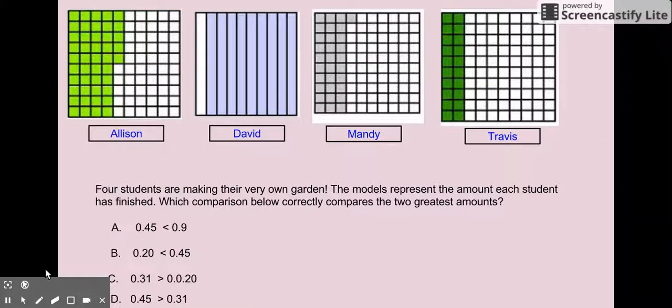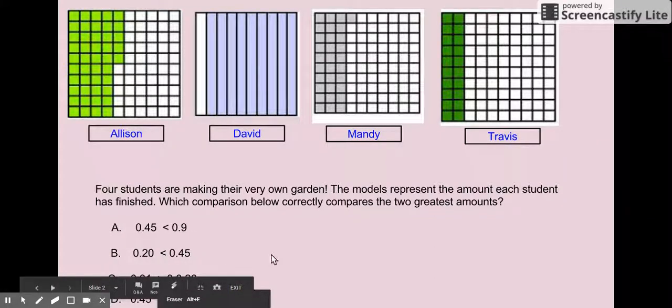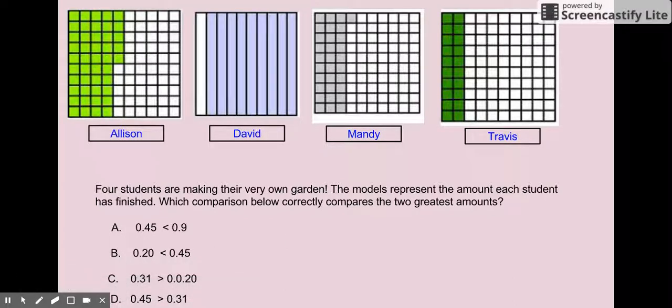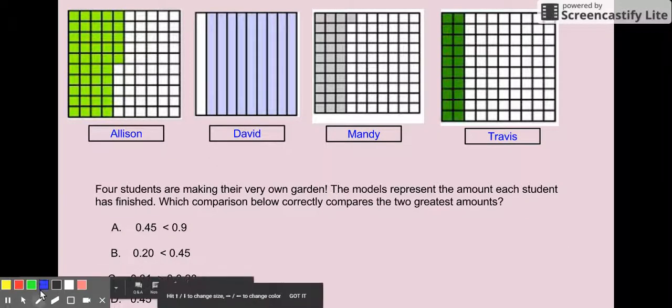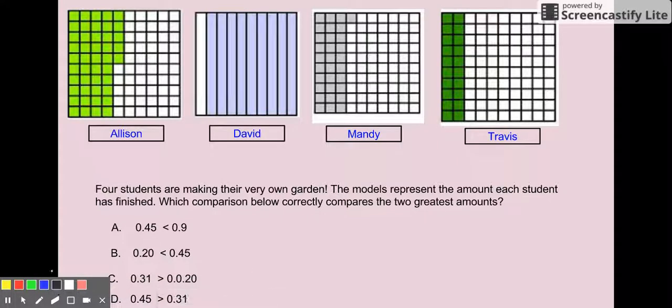All right, I wanted to start by showing you these decimal models. Now let's not get overwhelmed. Before we do anything, even before we read the problem, we're going to decide what the decimal number is for each and every one.